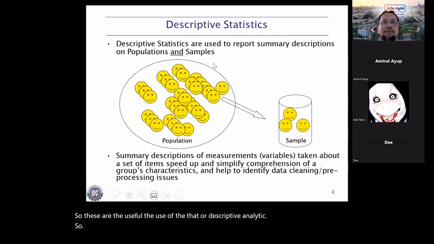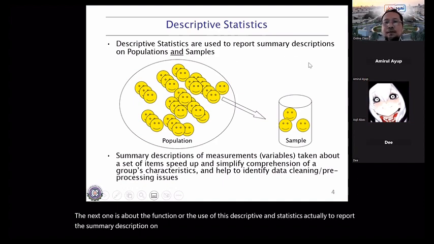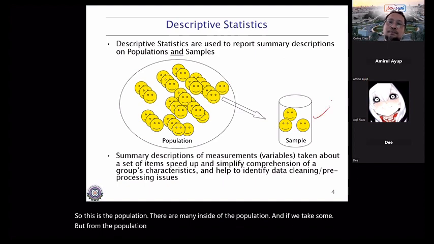The next one is the function of descriptive statistics, which is to report a summary description of populations and samples. This is the population, there are many members inside of it, and if we take some part from the population, then we say this is a sample.